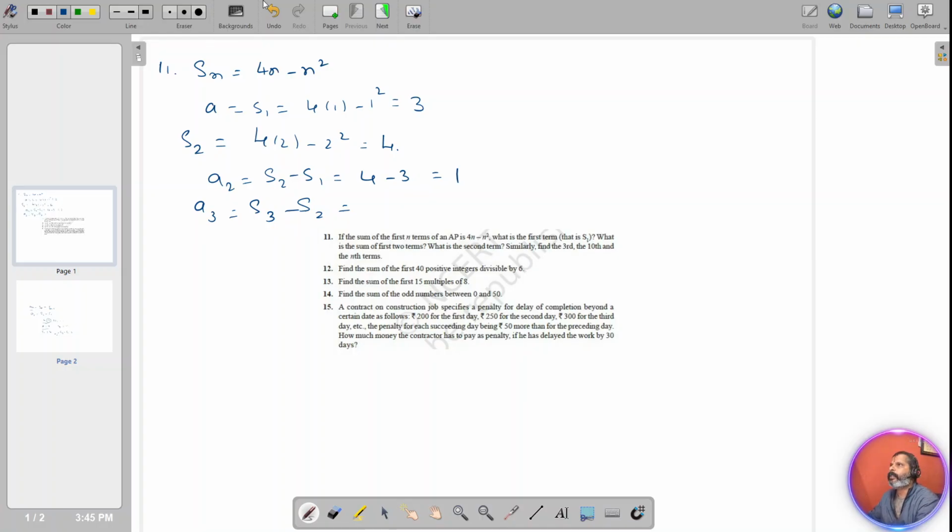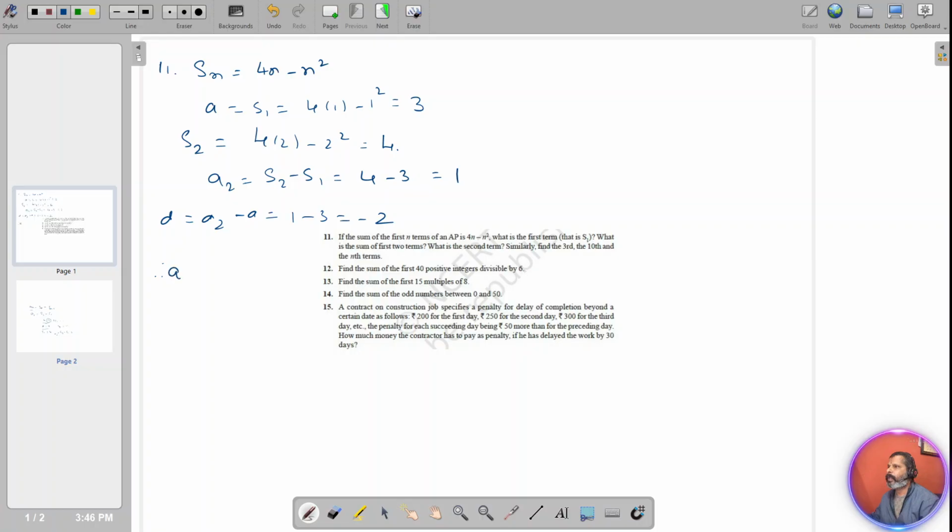Second term we found, right? Since we don't know S3, we cannot find that. So instead, since I know A1, A2, I can find D, right? D is equal to A2 minus A, that is 1 minus 3, minus 2.